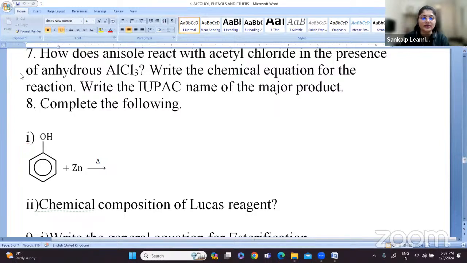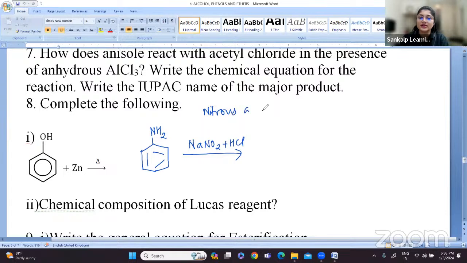This is our aniline. We are treating it with sodium nitrite plus HCl. What is this called? It is called nitrous acid.